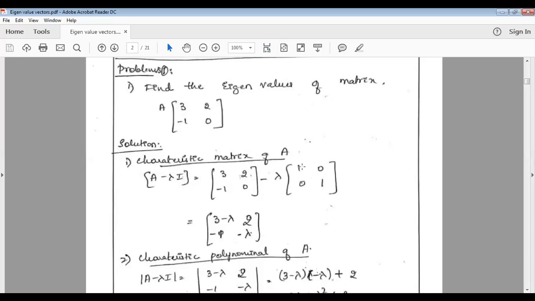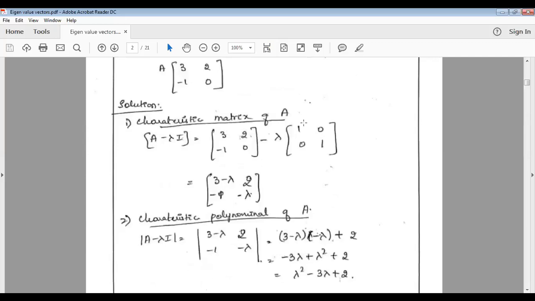Therefore, the identity matrix here will be a 2 cross 2 matrix. So on the diagonal, you have two ones, and the other elements are just 0, right? So you have 3, 2, minus 1, 0, which is A, minus lambda into this identity matrix. Therefore, what you get here is 3 minus lambda, 2 remains as it is, minus 1, and you have 0 minus lambda. Therefore, I have just written minus lambda.